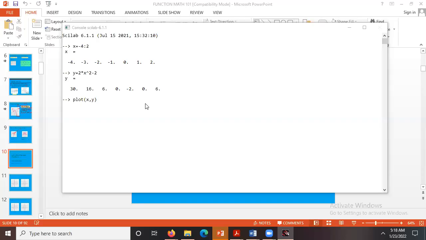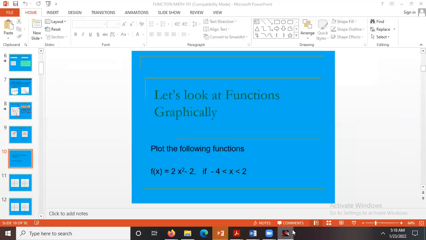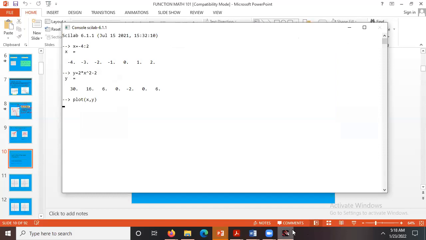Okay, we have plot x and y. Once you press enter, the command is initiated and the graph will show very soon. It's taking a while, but it will come.